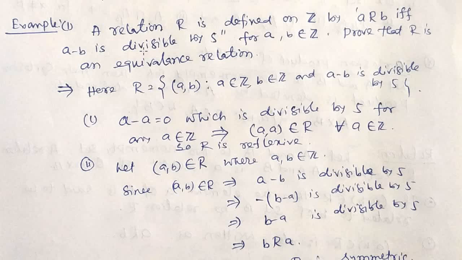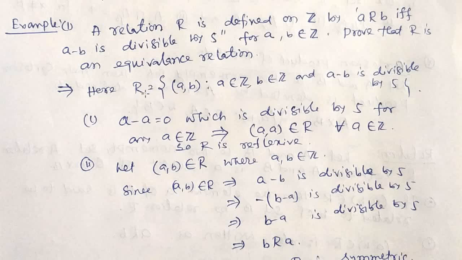A is related to B if and only if A minus B is divisible by 5. So A and B will be related when their difference A minus B is divisible by 5. We will prove that this relation is an equivalence relation.